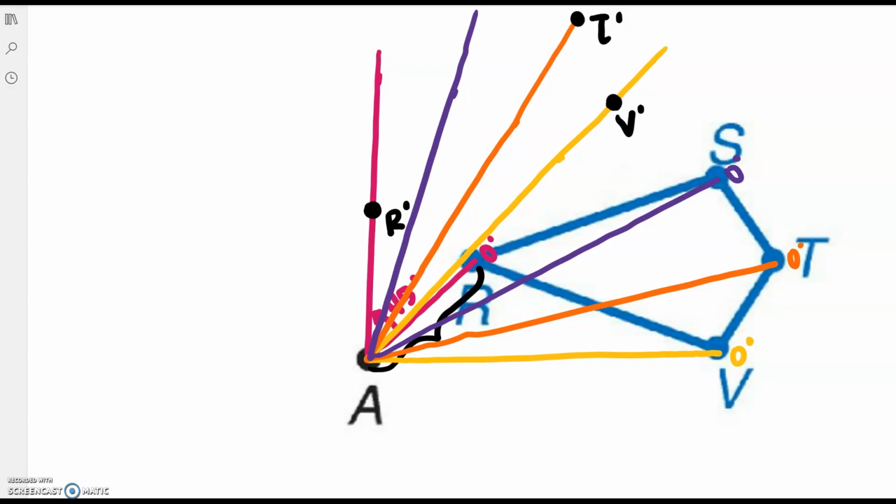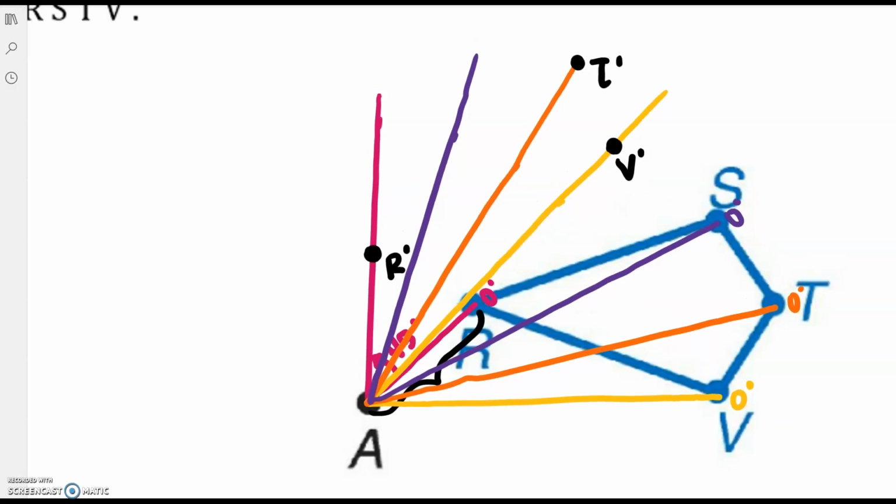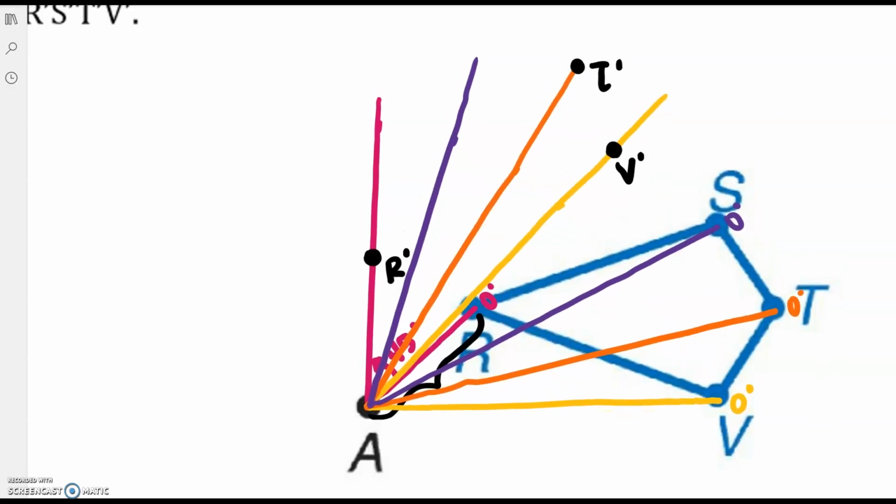And then because I need it to be the same distance, the distance from A to S, and then the distance from A to S prime, and I need to move that up. I think it was 4. Almost right there.